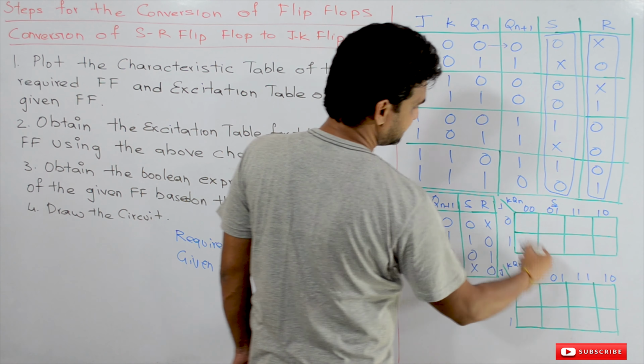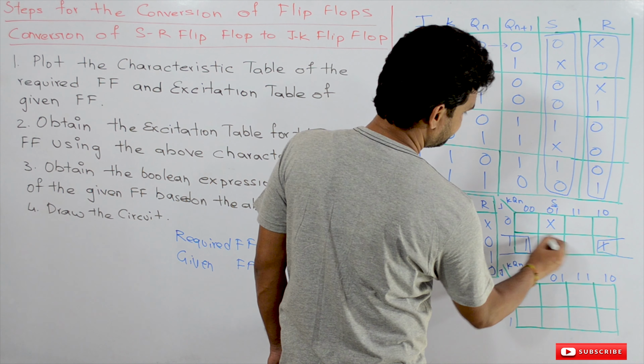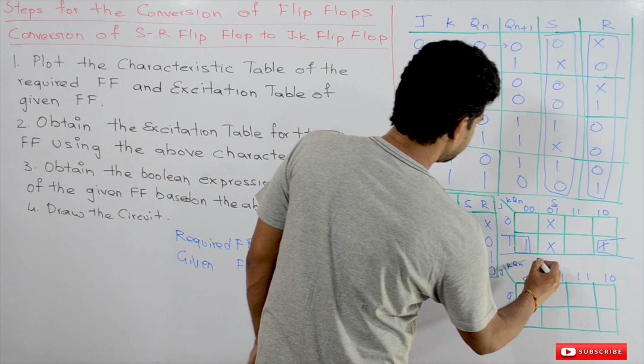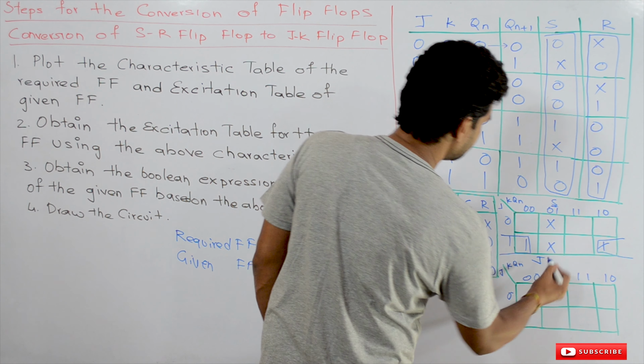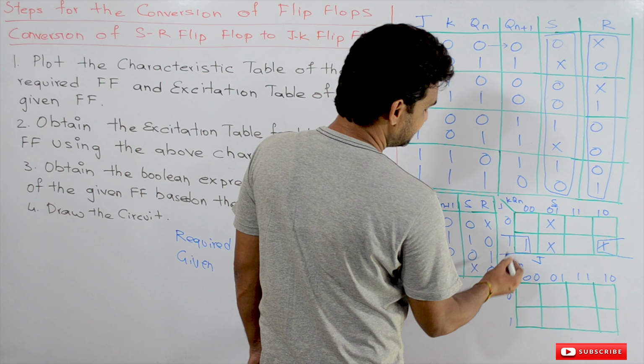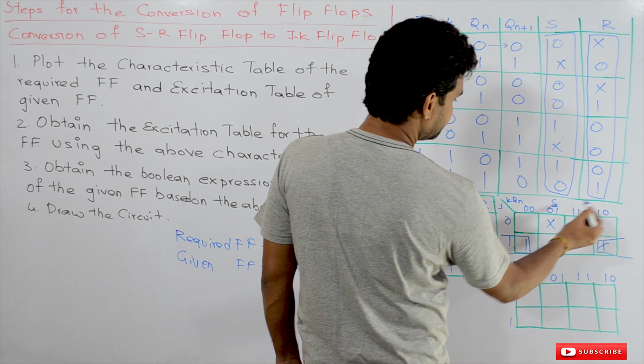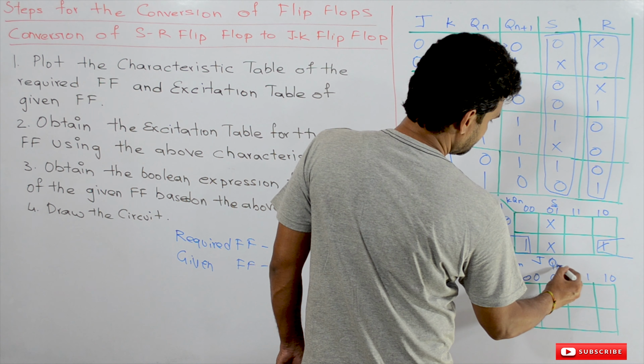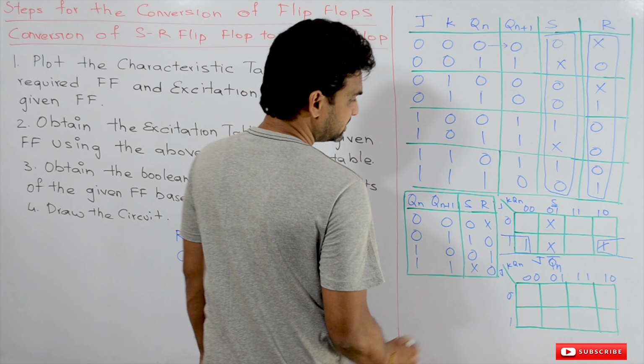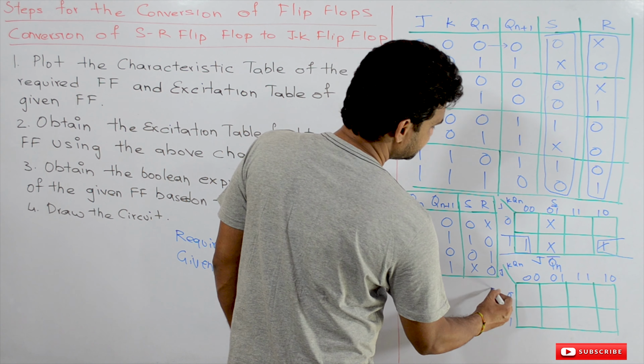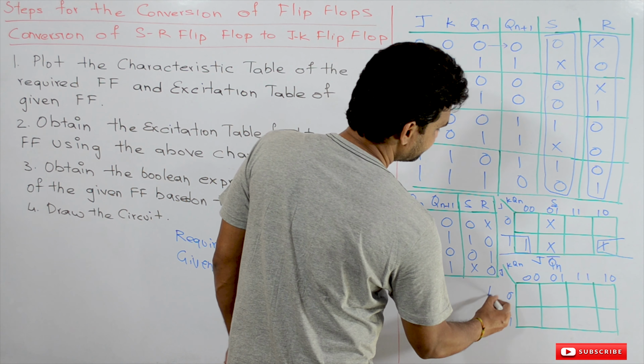Now if you try to minimize it, this is one of the possibilities, and we have taken this one. So the minimized function is going to be J, and this one is QN bar.